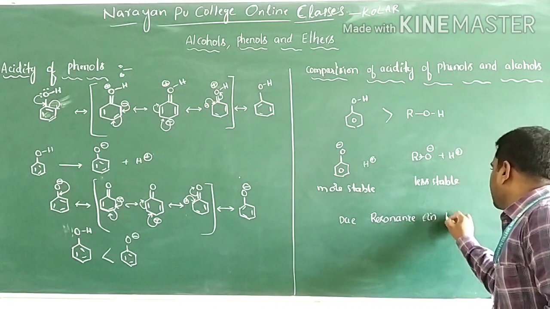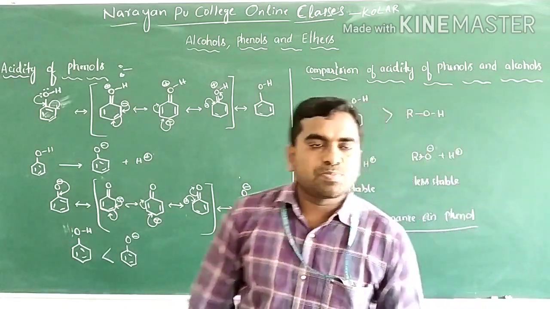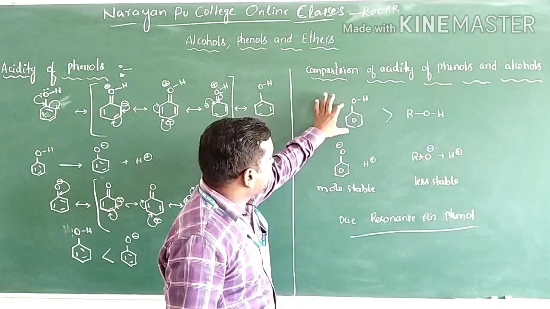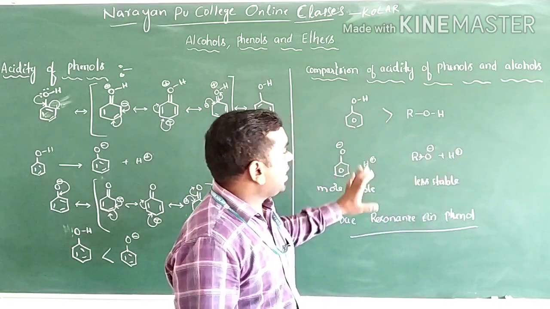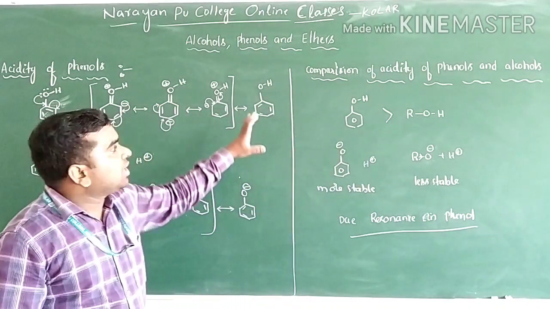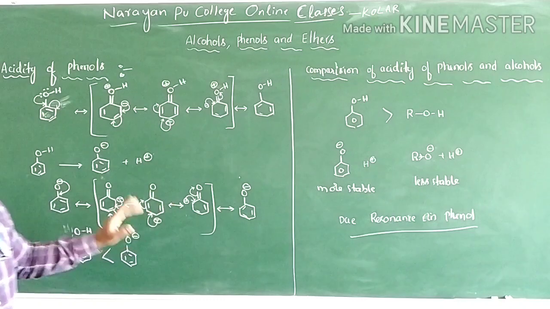The OH in phenol is involved in the resonance, so that's why it is more acidic than the alcohol. So this is the comparison of acidity of phenols and alcohols.